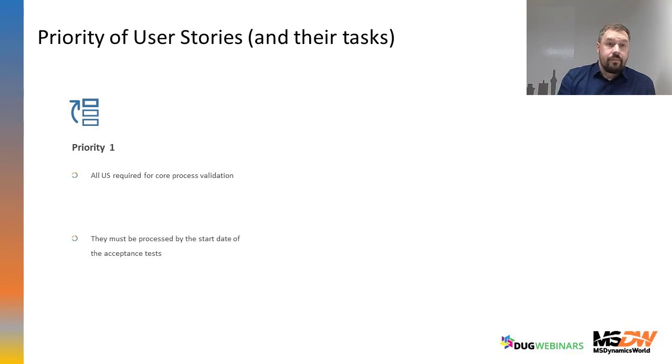Prioritization. I will explain it in the scope of user stories and their tasks, but it doesn't matter which methodology your planning is based on. Priority one are all user stories, tasks or anything required for core process validation. So they must be processed by the start date of the acceptance tests.